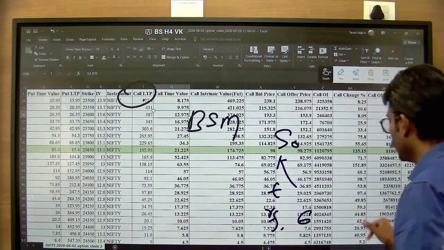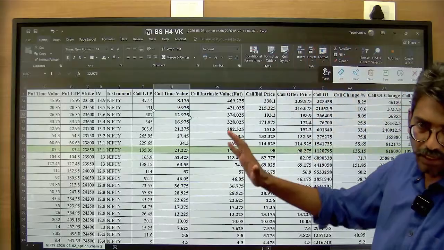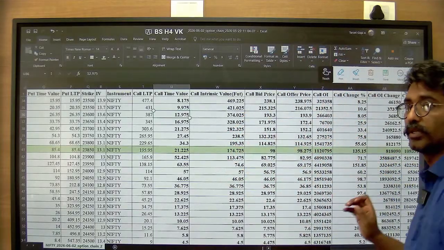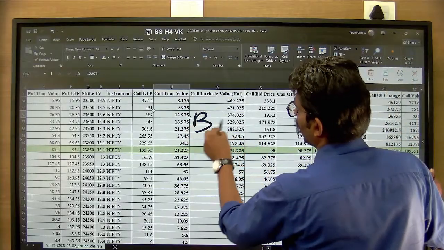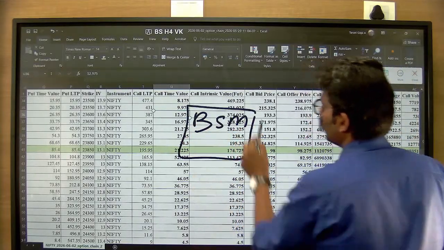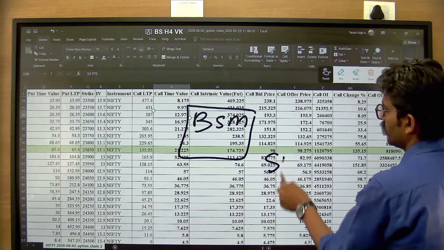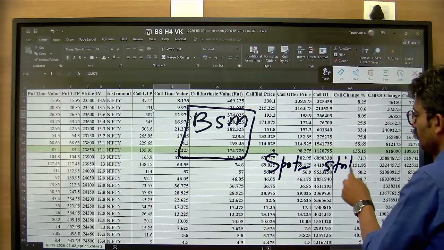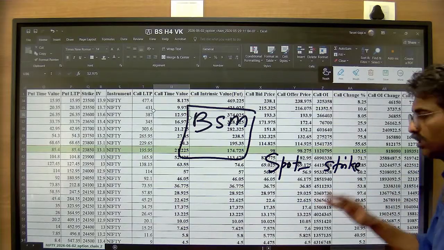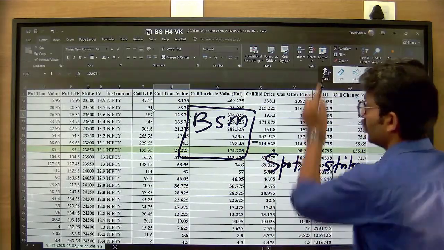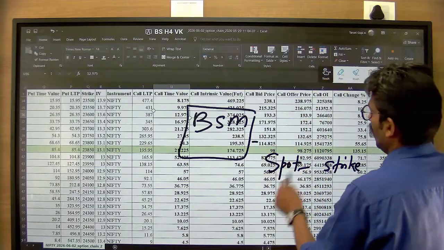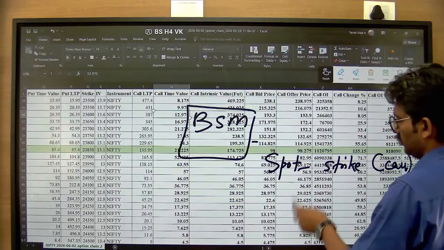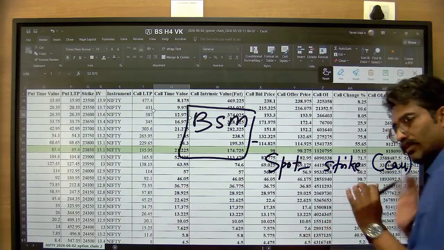Right? Essentially, the formula is looking at two different things. Listen to it carefully. When you look at the Black-Scholes model formula, it is looking at what distance it travels between spot and strike for a call option, because it is moving upwards, and for a put option, just the reverse. So let me explain only via call option.